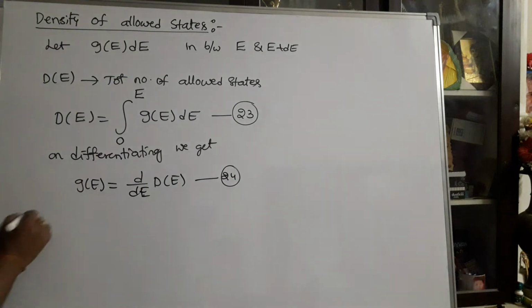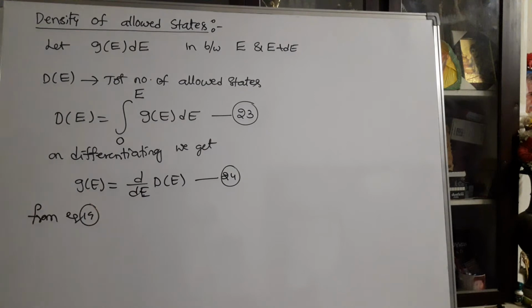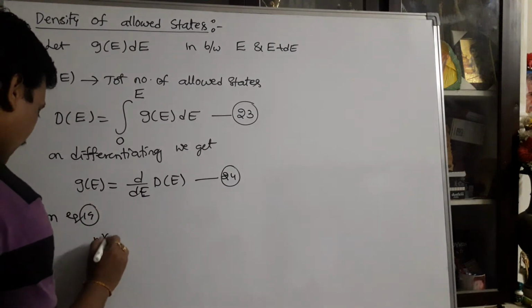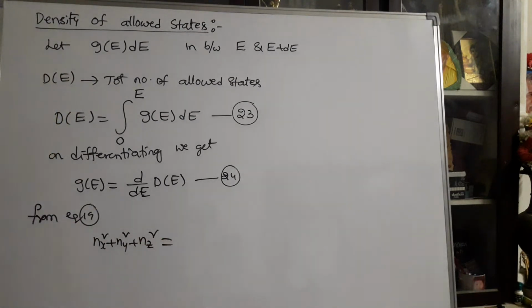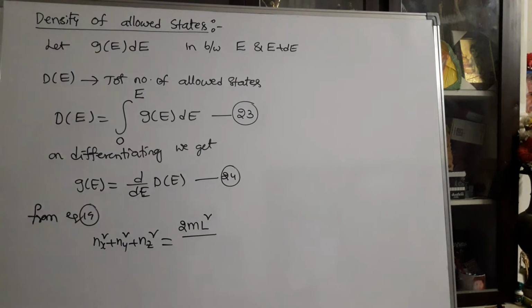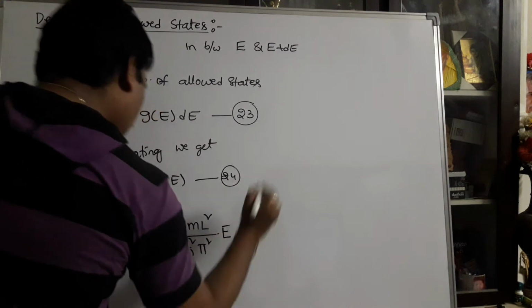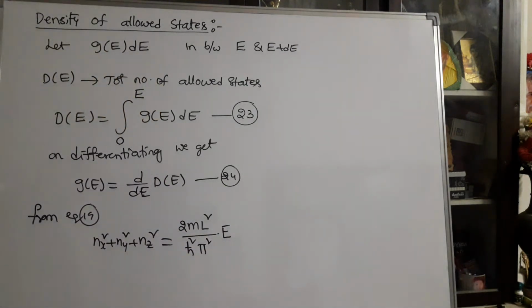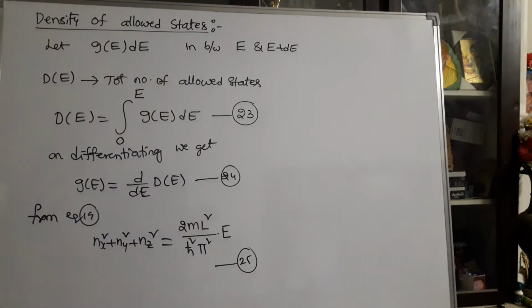From equation number 19, finally you get nx square plus ny square plus nz square is equal to 2mL square by h cut square pi square into E.